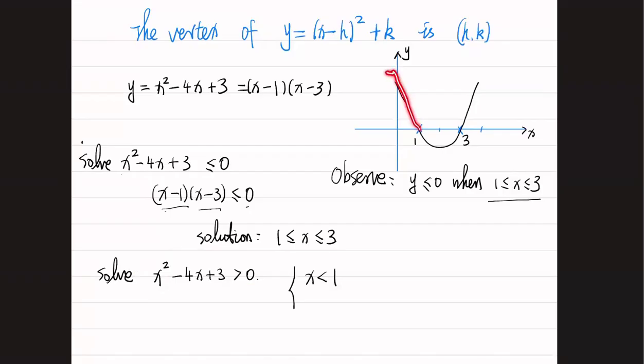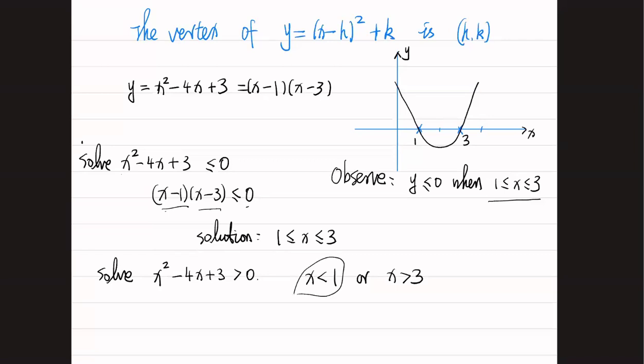Anything else? Would it be x is greater than 3? Yes. Okay, so we have two choices.